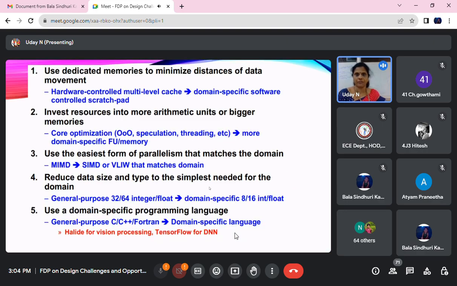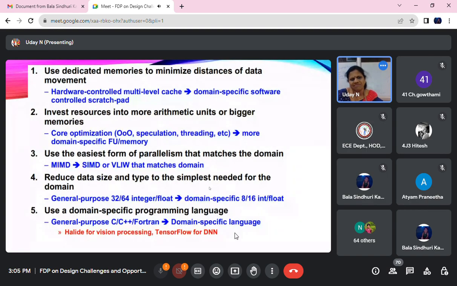We have to use dedicated memories, which should have a hardware-controlled multi-level cache, or a software-controlled scratchpad for the domain-specific application. And you have to make use of more arithmetic units, or increase the memory. So that is one guideline that we have to follow, and we have to increase the parallelism.